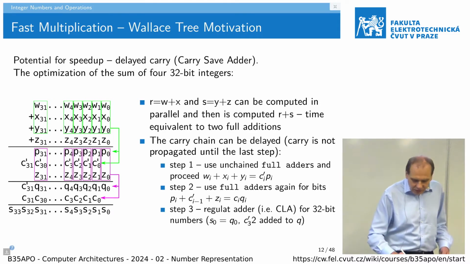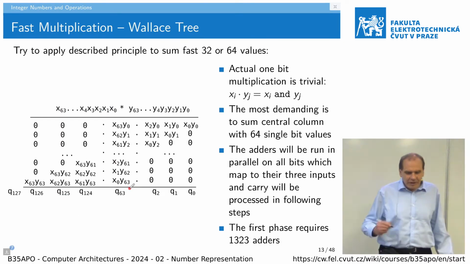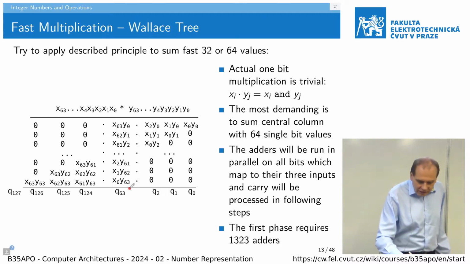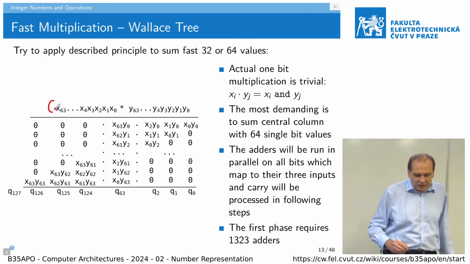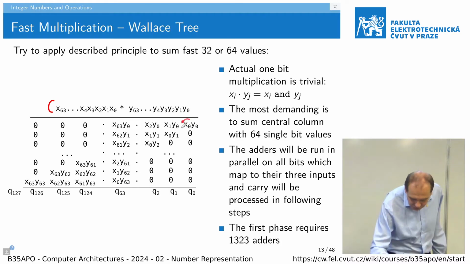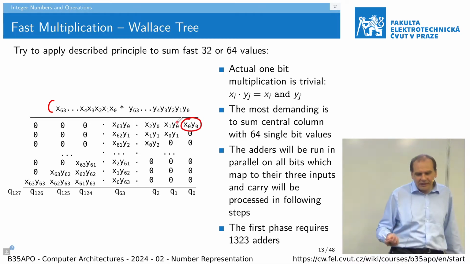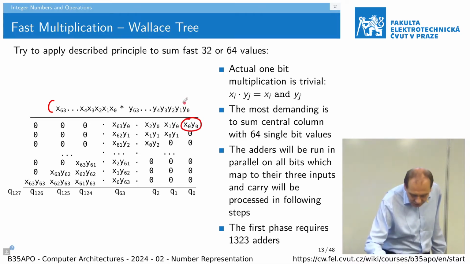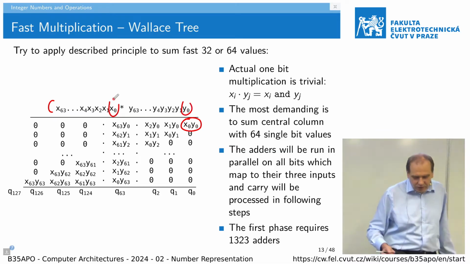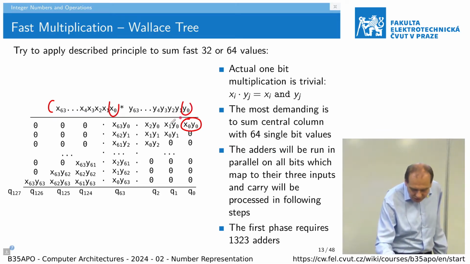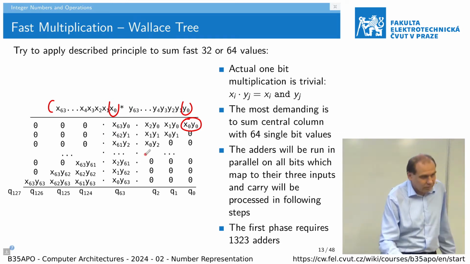And we can use this logic even for the actual multiplication, because if we do a multiplication as a logic function, then for each bit it is only a single gate which ANDs the corresponding bit on both inputs. Here 0, 0, here it is 1, 0, and so on.